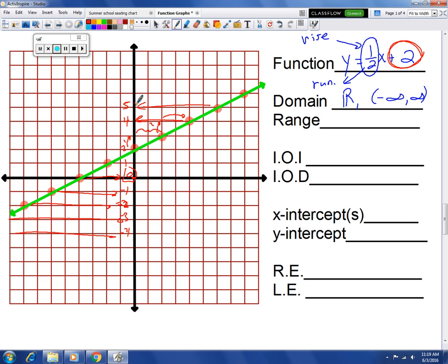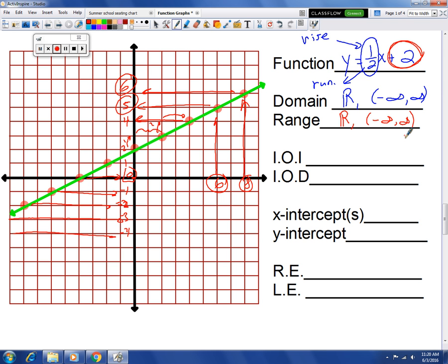Our input was, let's see, down here, 1, 2, 3, 4, 5, 6. My input was 6, my output was 5. Plug in 6, I'll get an answer of 5. If I plug in 8, which is part of my domain, my answer is 6. 6 is part of my range. If I pick strategically, I can get any answer imaginable.